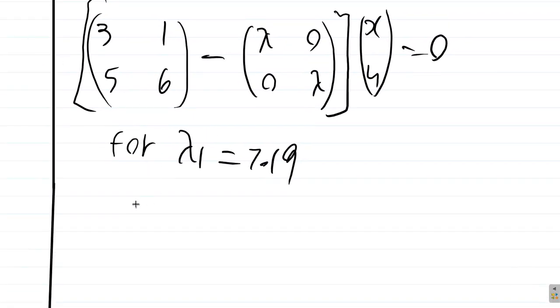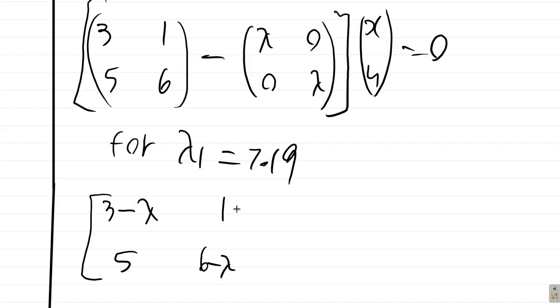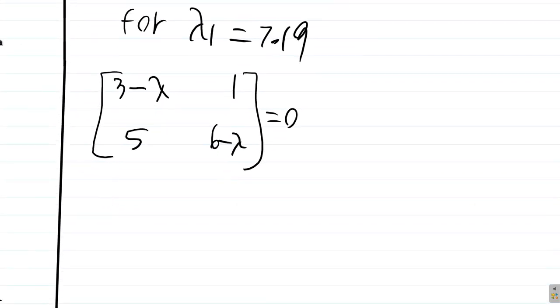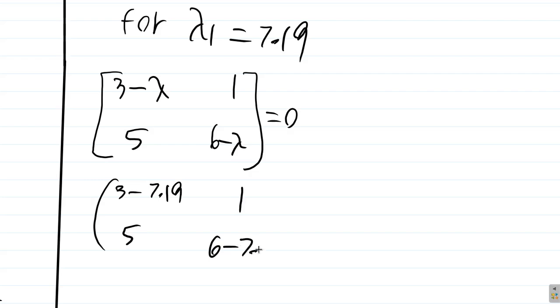If you simplify this further, you have 3 minus lambda, 1 minus 0 which is 1, 5 minus 0 which is 5, 6 minus lambda equals 0. So we have 3 minus 7.19, 1, 5, 6 minus 7.19 equals 0.